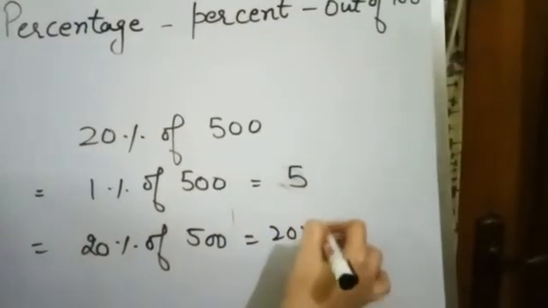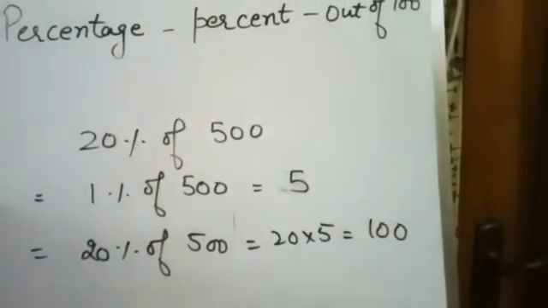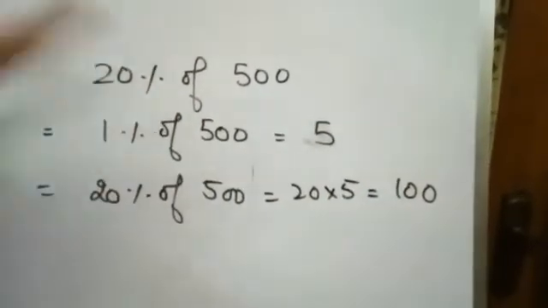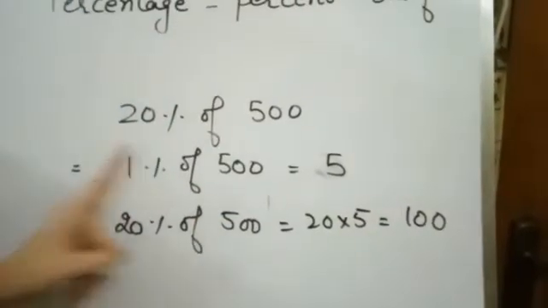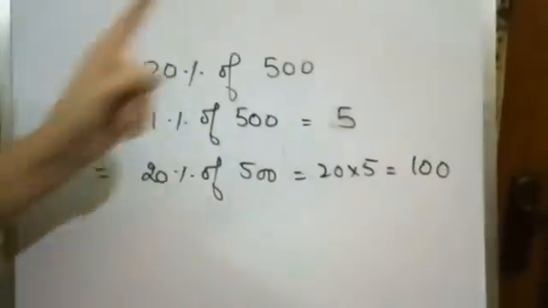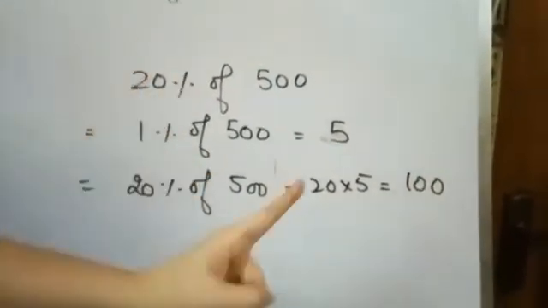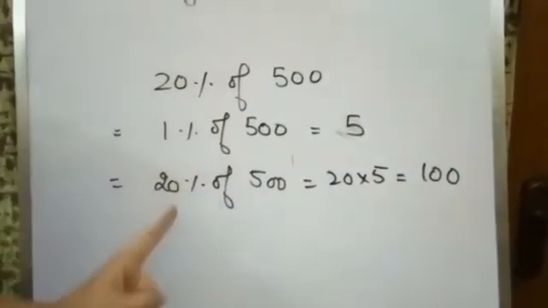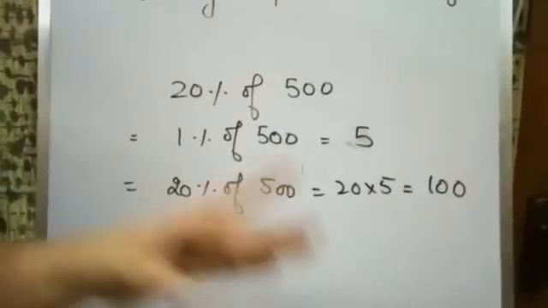If given 30% of 500, first calculate 1% of 500, that is 5, and multiply it by 30. In this way, you can calculate 30% of 500 is 150.